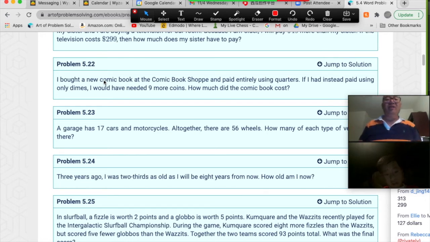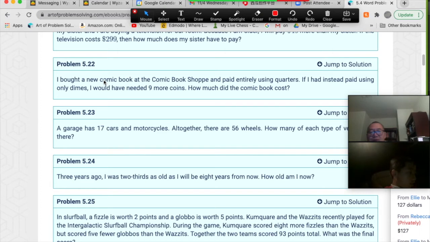How much did the comic book cost? This problem, actually, you have 2 ways to solve this, depending on what variable you set here.